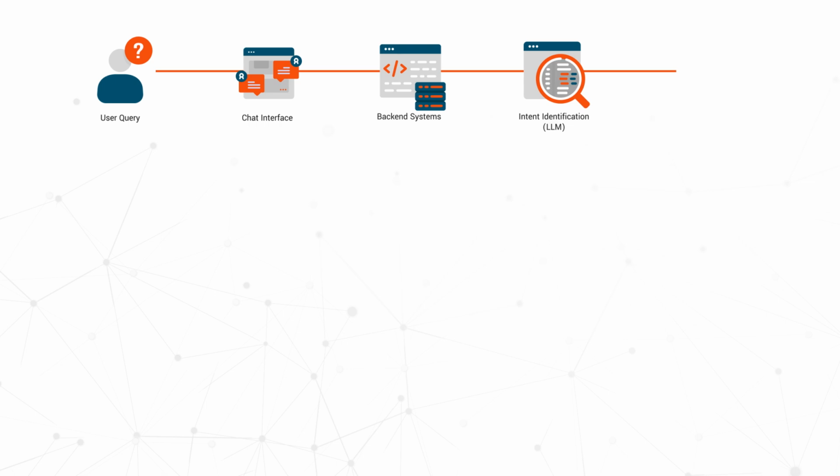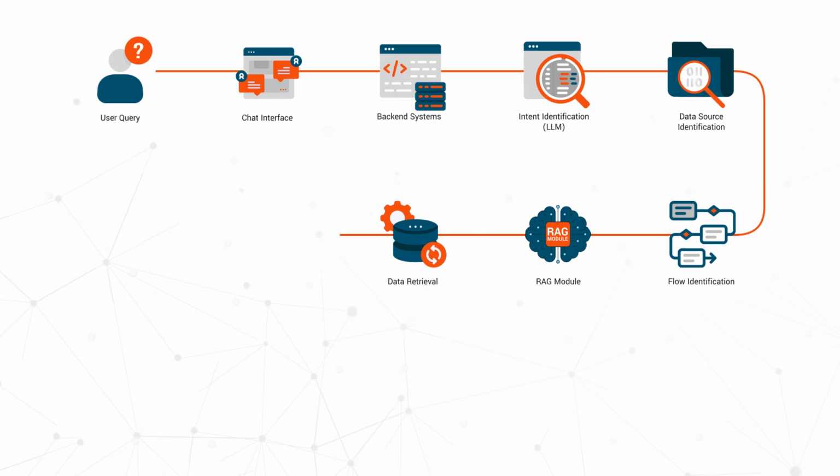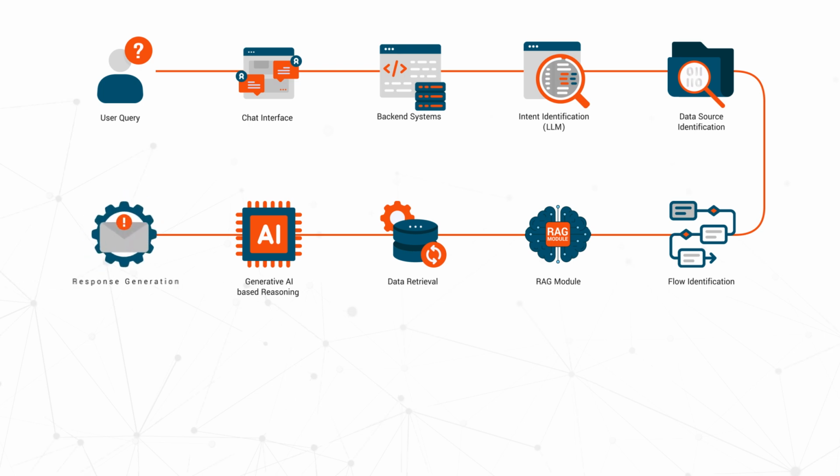Based on the identified intent, the system determines the relevant data sources needed to address the query. Next, the appropriate flow is identified to retrieve the necessary information. The flow goes through the Retrieval Augmented Generation module, which retrieves relevant information from structured and unstructured data, reasons over it, and synthesizes an accurate response.